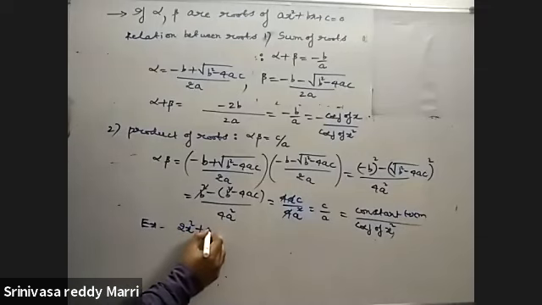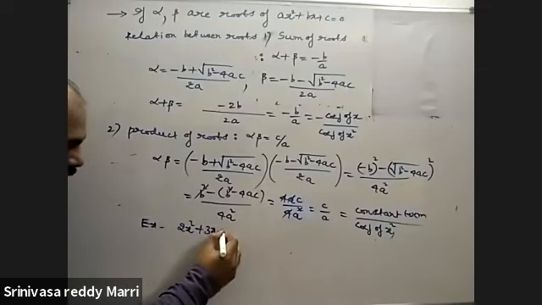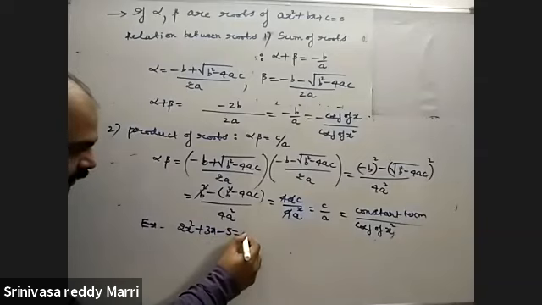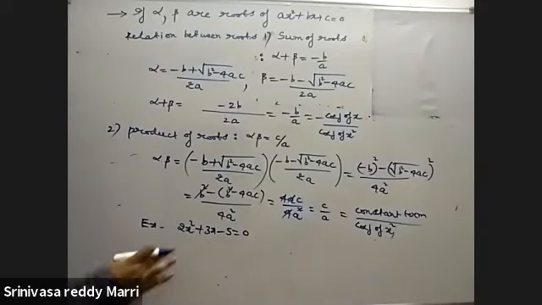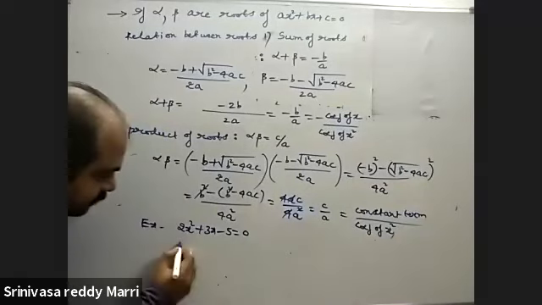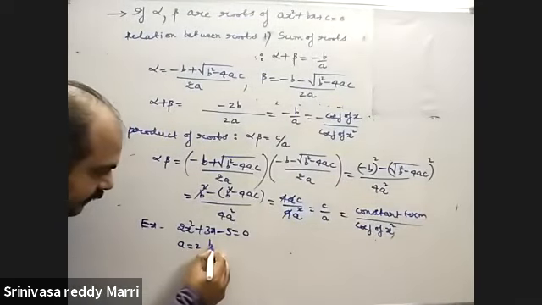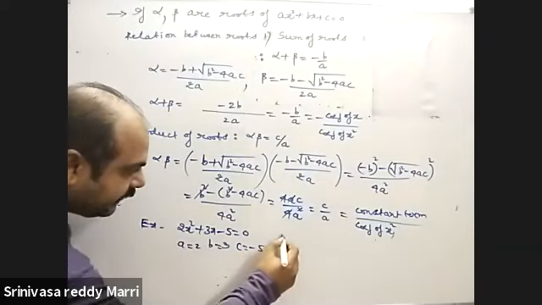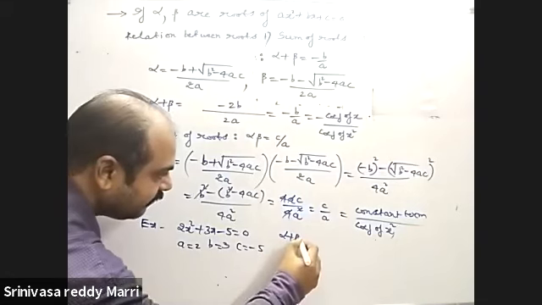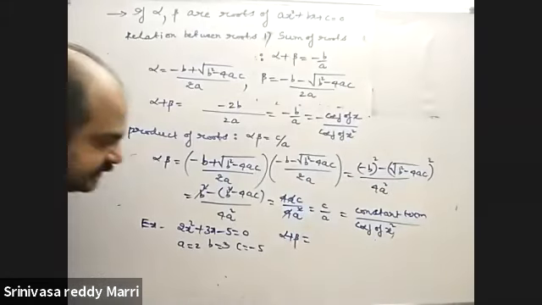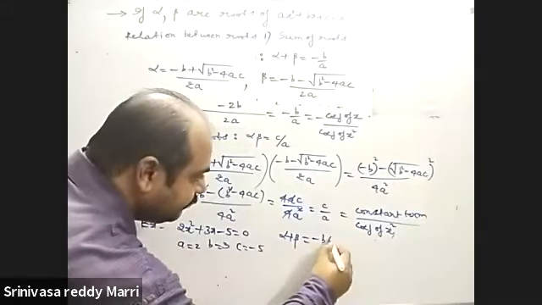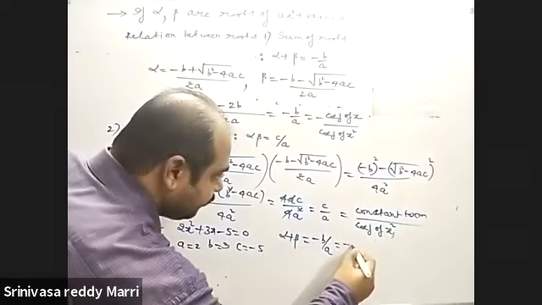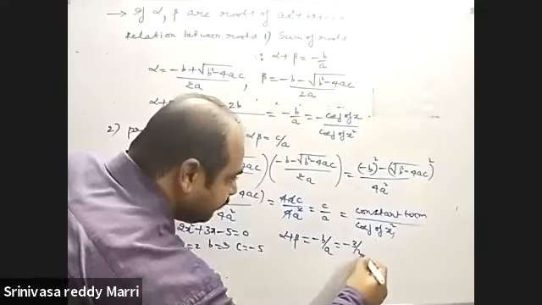Suppose, as an example, let us take 2x square plus 3x minus 5 equal to 0. Let us say alpha, beta are the roots. So a equal to 2, b equal to 3, c equal to minus 5. Alpha plus beta is nothing but minus b by a, that means minus 3 divided by 2.